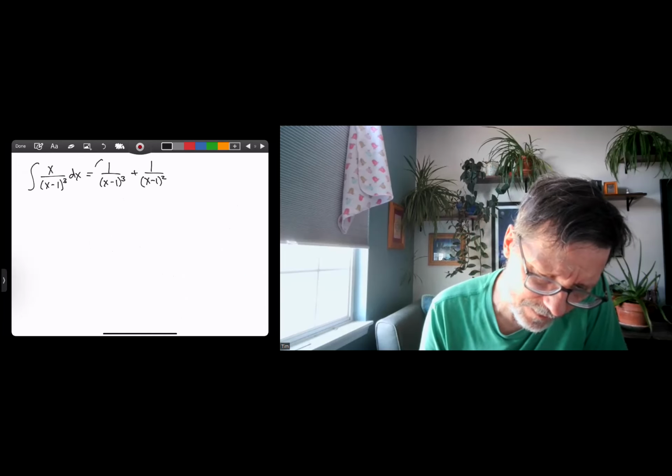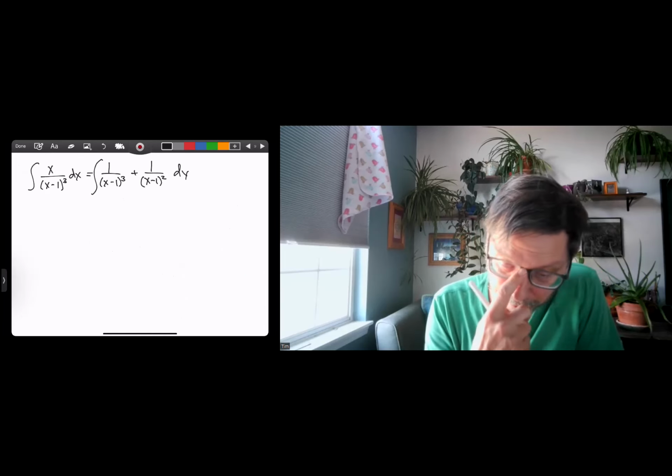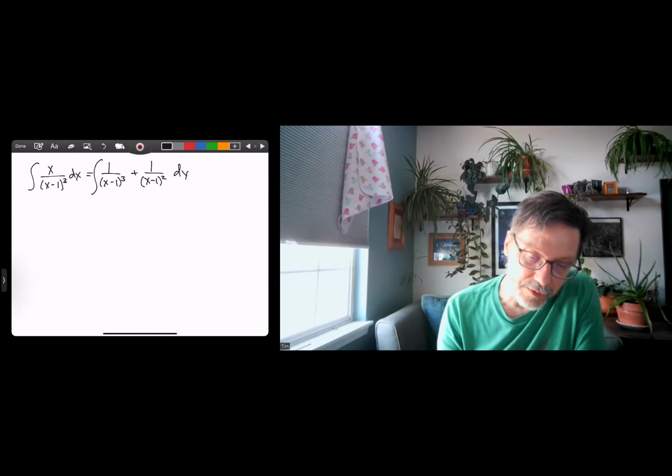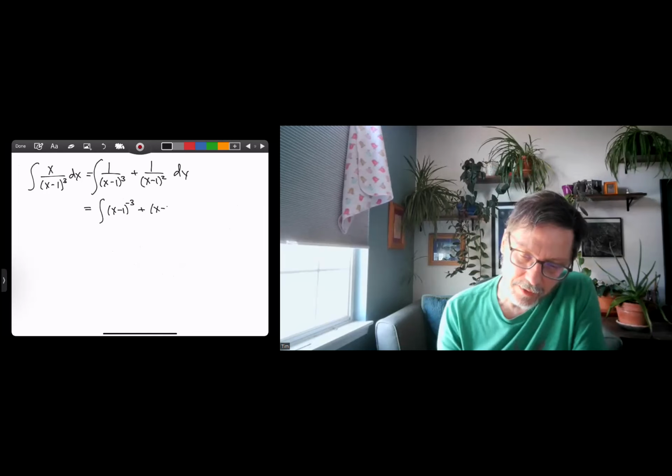And that's our new integral. And these are just substitution power rules. This is x minus 1 to the -3rd. And this is x minus 1 to the -2nd. And if I let u equal x minus 1, du is dx, it's all beautiful.